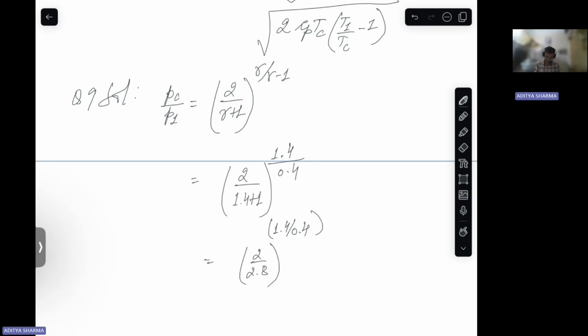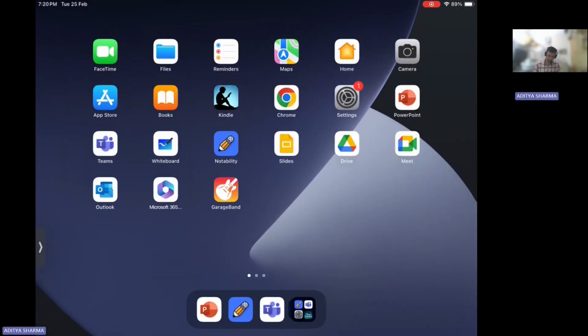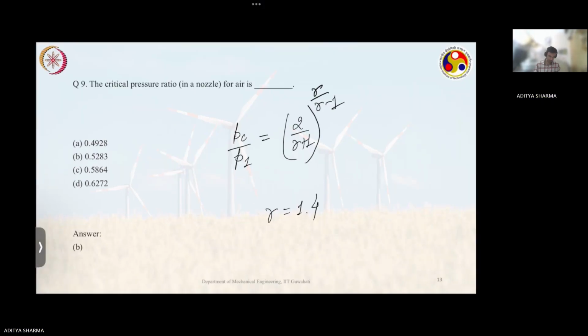So this comes out to be 0.52828. So this is your critical pressure ratio.